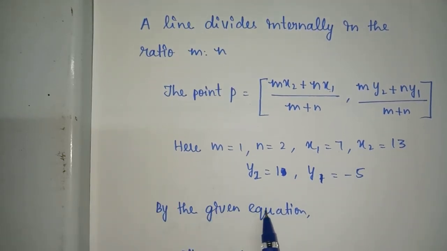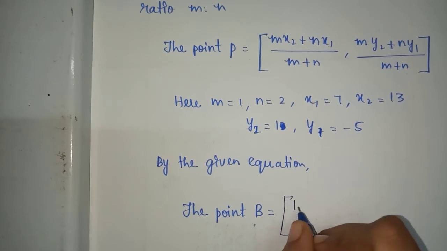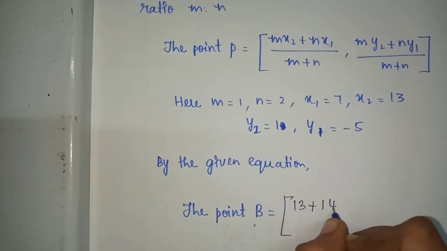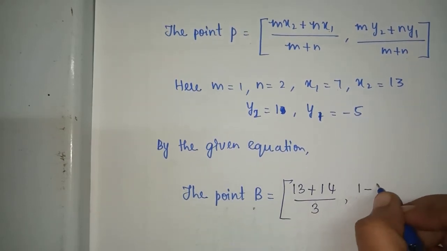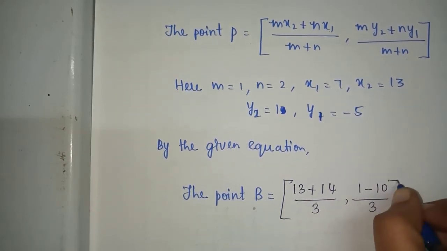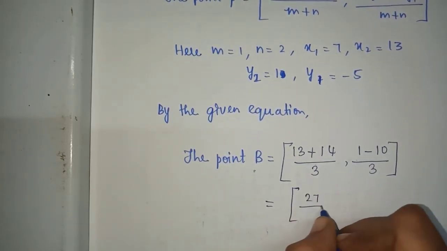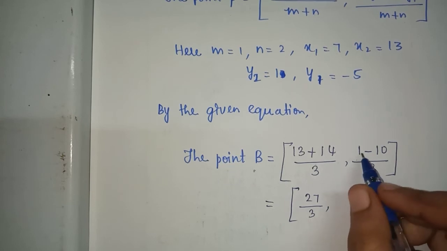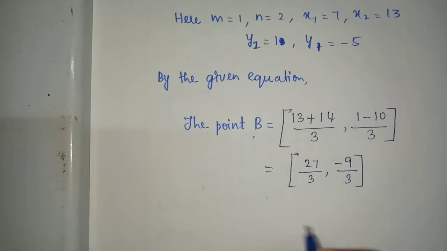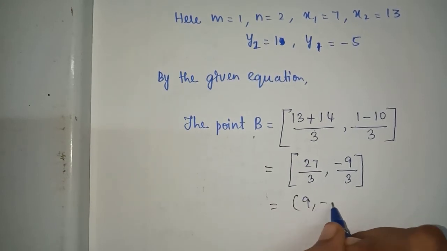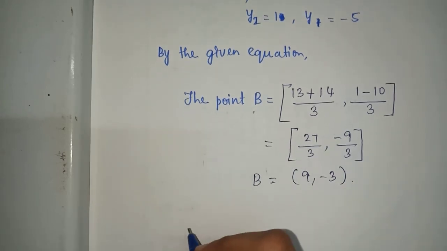Therefore, by the given equation, the point B is equal to 13 plus 14 by 3, 1 minus 10 by 3, which is equal to 27 by 3, minus 9 by 3, which is equal to 9, minus 3. Therefore, we get the point B as same.